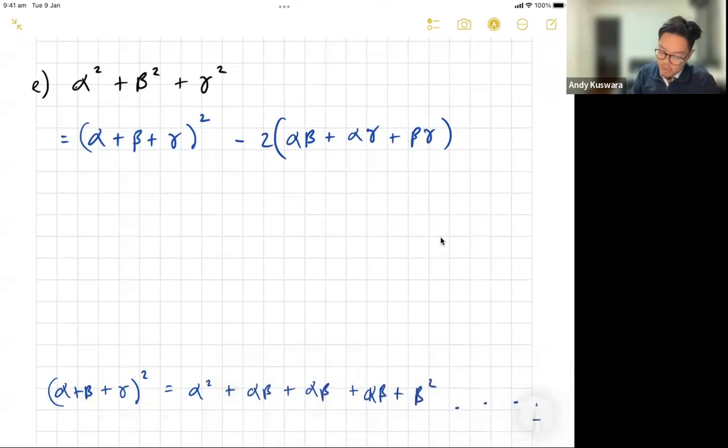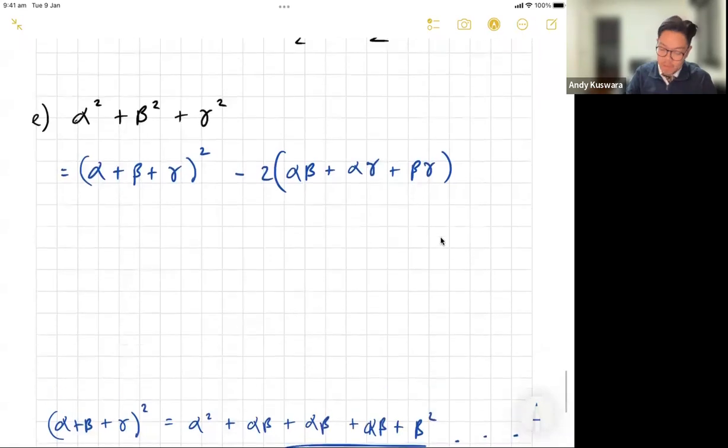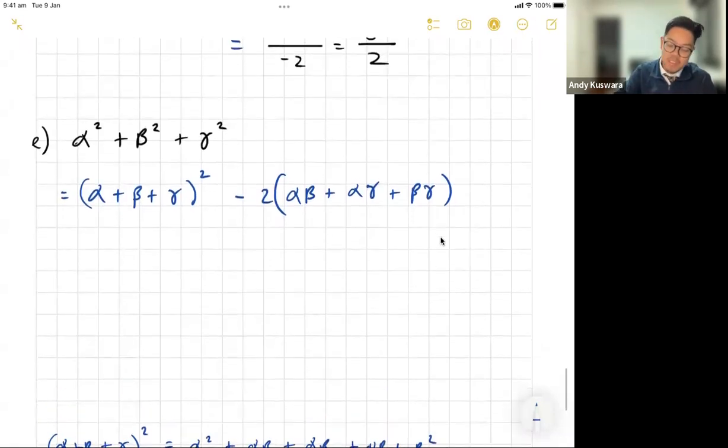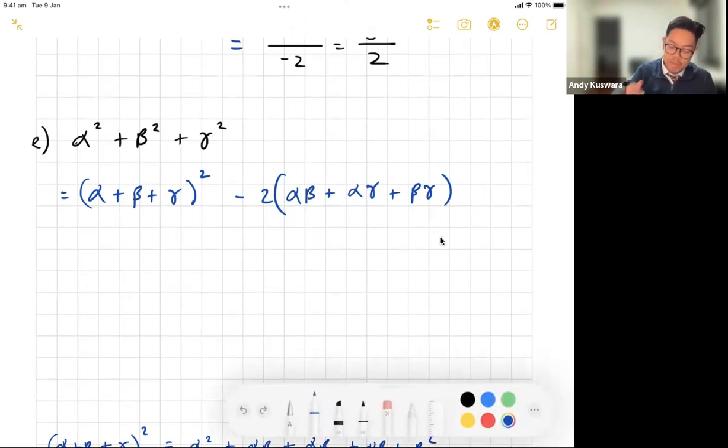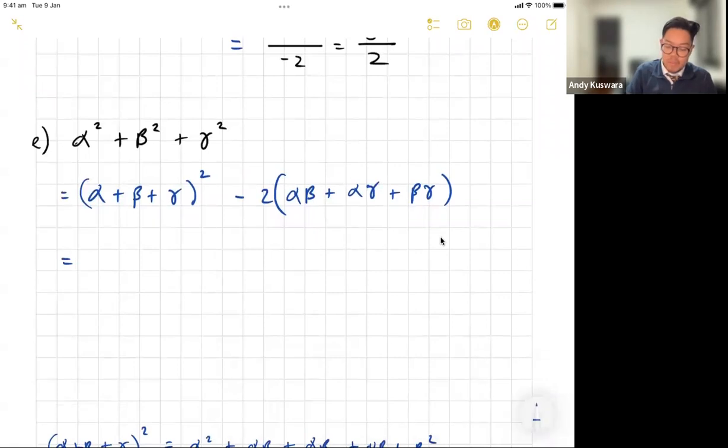And you'll find that there's a whole bunch of these things that end up canceling out. Okay, so because I understand that it's going to be some sort of perfect square, there's going to be this squared minus two lots of that. I can immediately see there's just going to be alpha plus beta plus gamma squared.